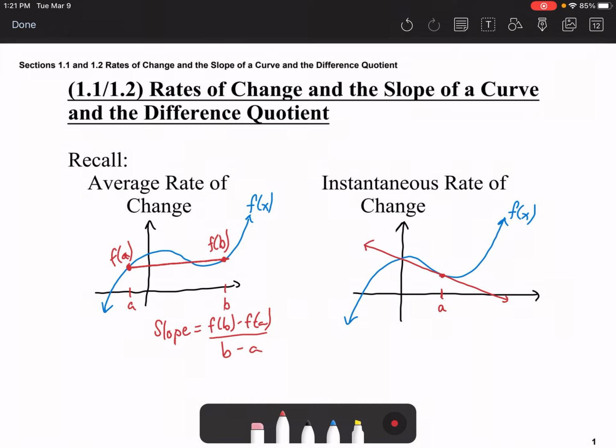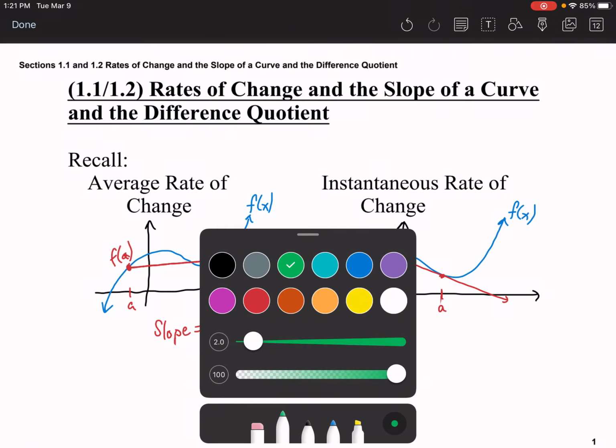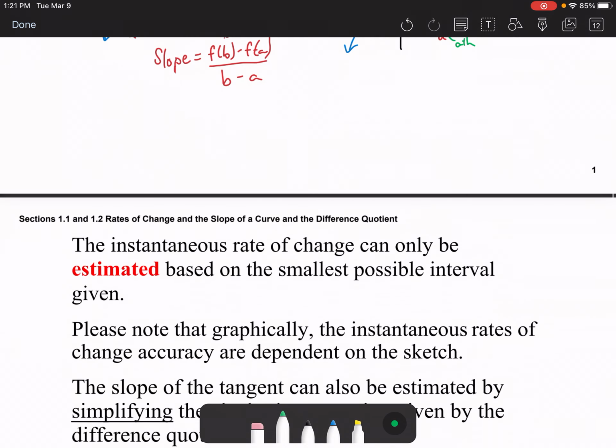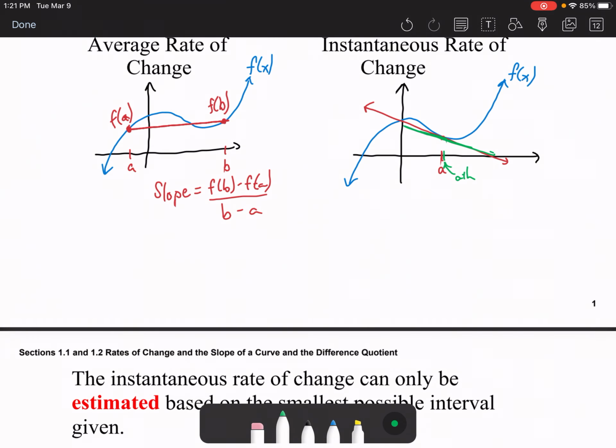Well, in order to do this, we choose something that's really close to the value A, and we call that A plus h. Then we draw a tangent line, sorry, my apologies, a secant line between A and A plus h, which approximates our tangent line as best as we can.